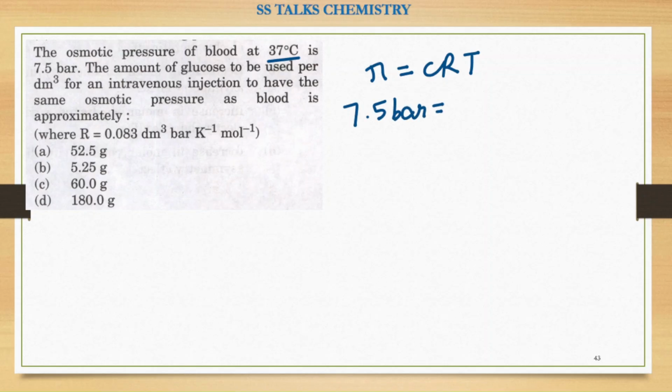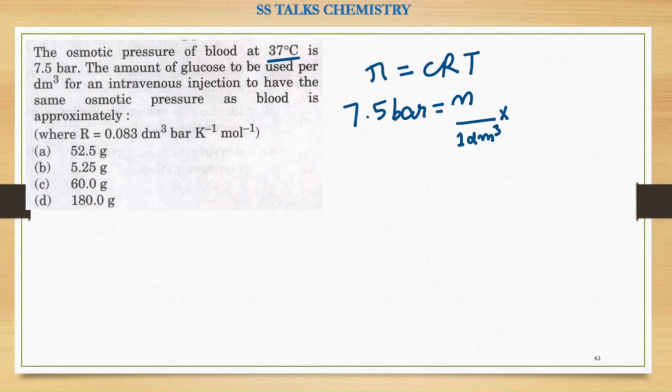Now concentration is in terms of molarity, so number of moles of the solute upon the volume of the solution. They are saying per decimeter cube, so we can take 1 decimeter cube as the volume.